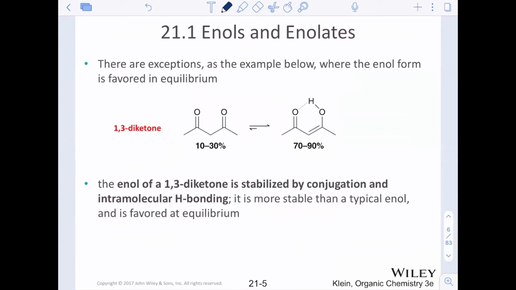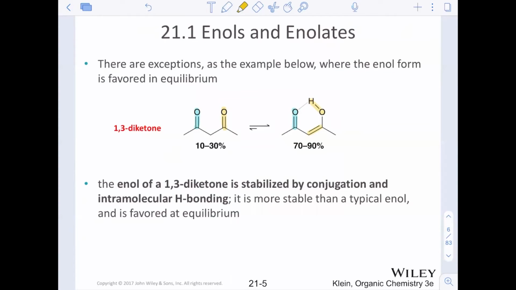There are exceptions to the idea that the ketone is more favorable. The diketone, which we will be talking about later on, is actually more favorable in its enol form. It's most likely due to the idea that it is stabilized by conjugation with the second ketone. Notice how this ketone stays the same and the other ketone converted to an enol.